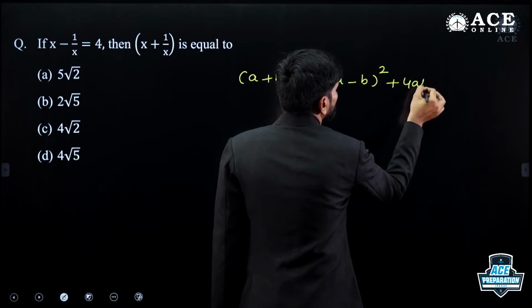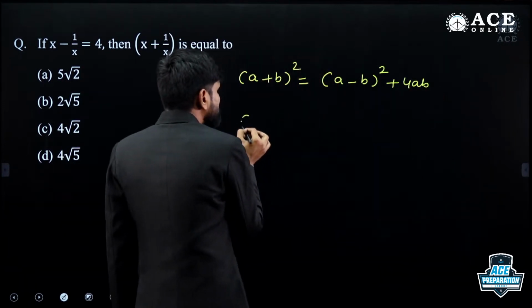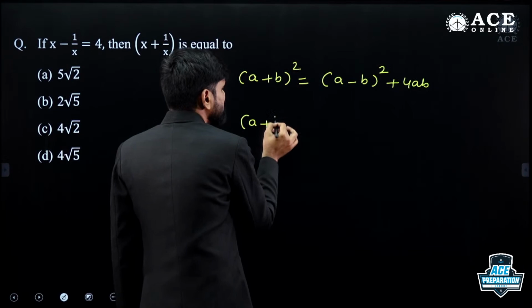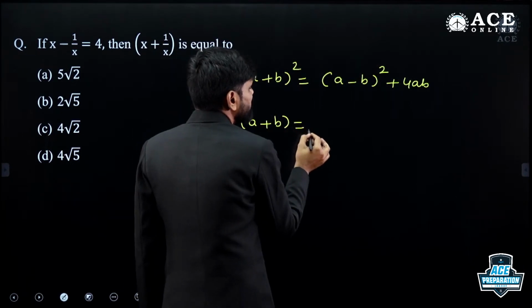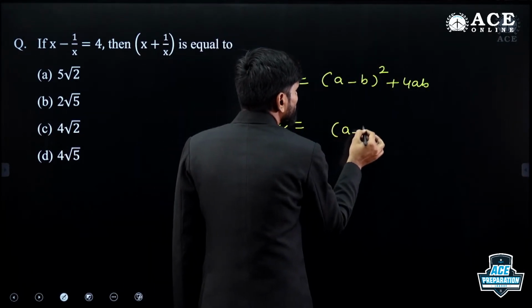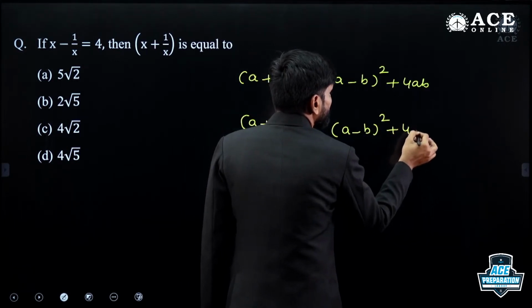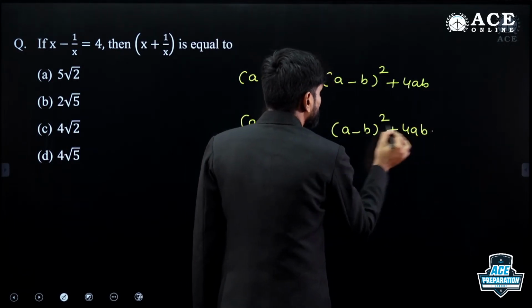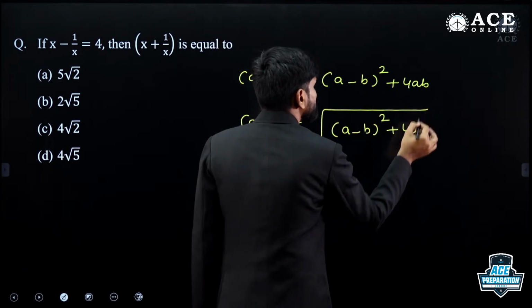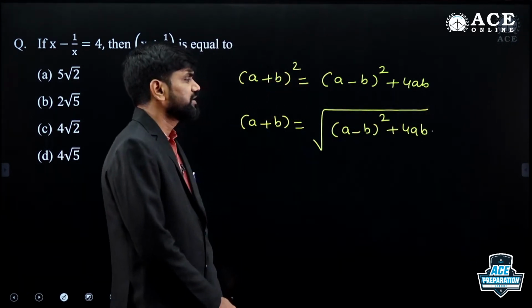So from this I can say that a plus b is equal to the square root of a minus b whole square plus 4ab.